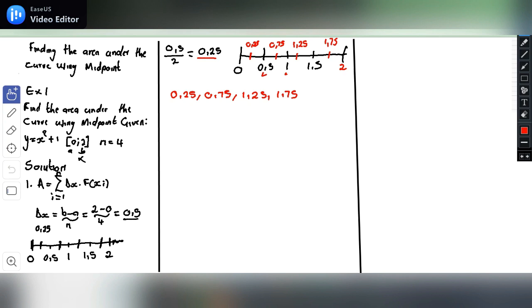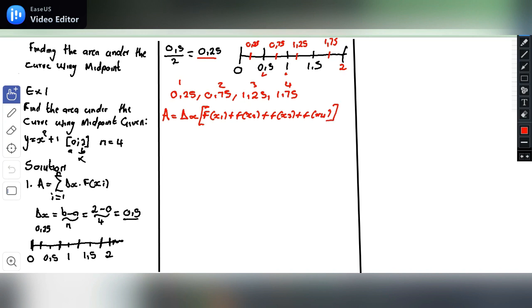So remember, after writing, you can label them 1, 2, 3, 4. Remember, after writing these values, we are going to write down our formula, which is delta x times f of x1 plus f of x2 plus f of x3 plus f of x4.